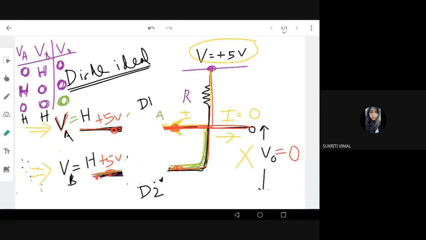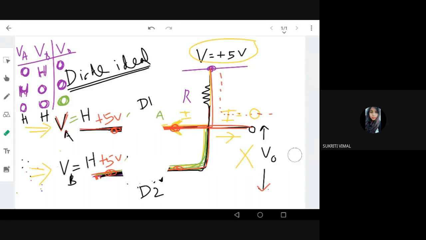In this situation, what is the output voltage? Before understanding it, what is the equation of output voltage? The plus 5 volt is connected towards the output, right?